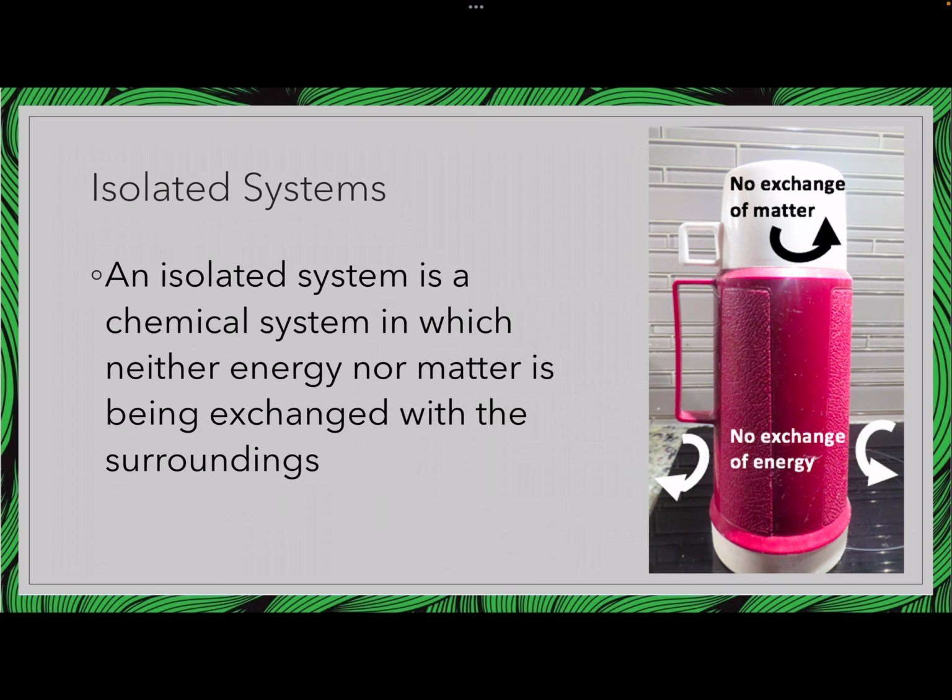There is some exchange of energy, so it's not the greatest analogy, but it's probably the only one that we can realistically use because it's very rare for something to be isolated. I think the only real isolated system is the universe as a whole. If you average everything across the universe, it's isolated. No energy can go in or out, and no matter can go in or out of the universe. It's all left in here.